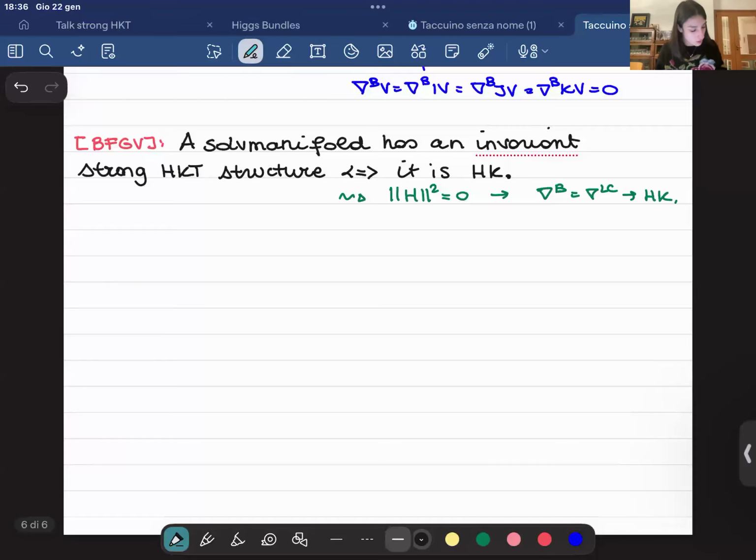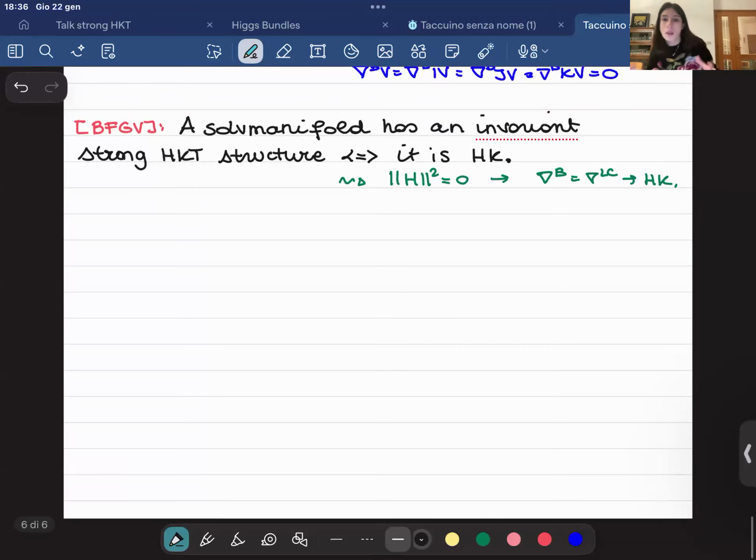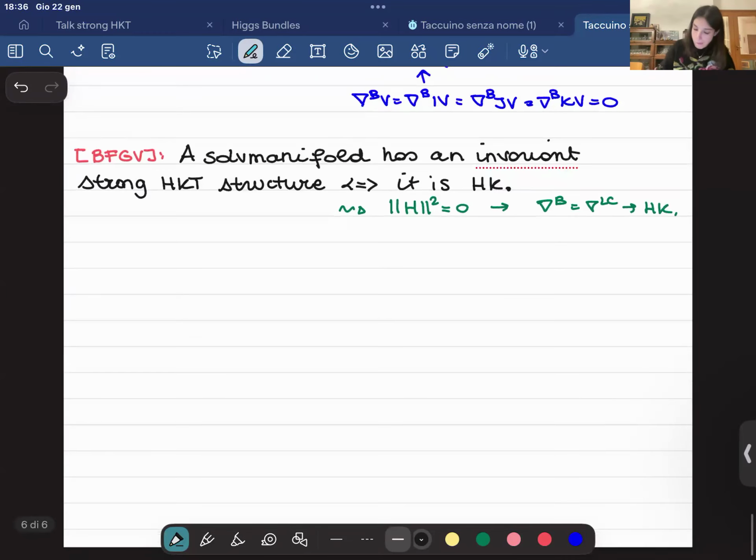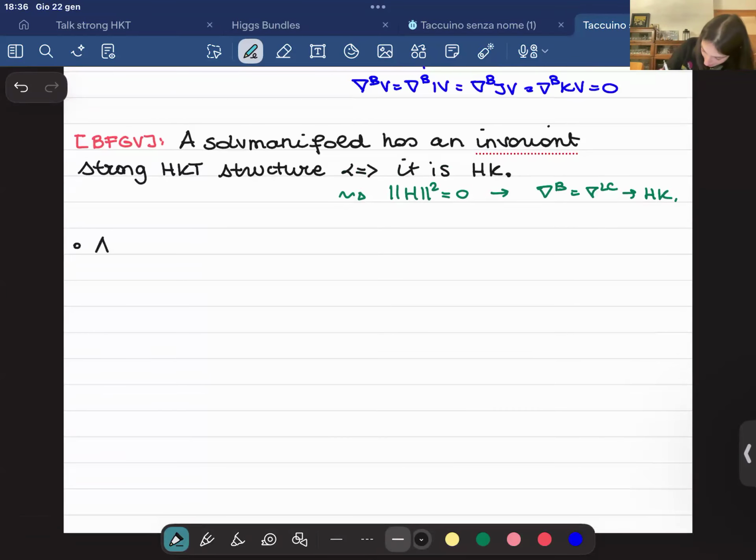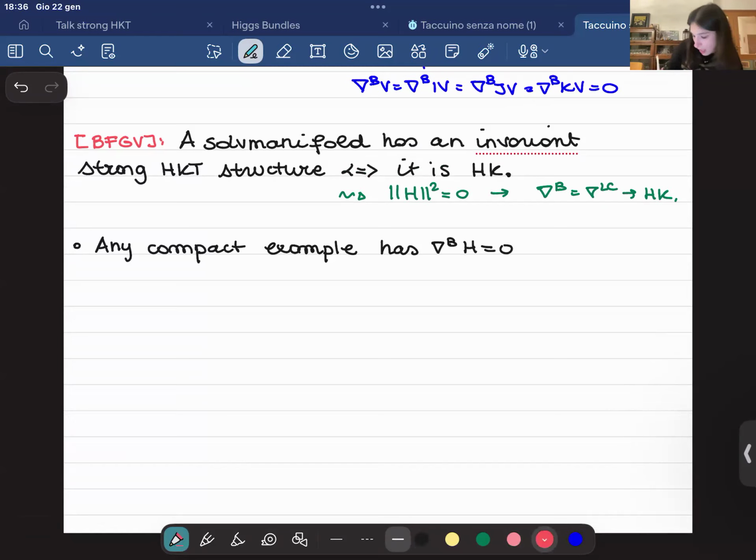What I want to mention instead is the problem of the lack of examples. So at least in the compact case, and I'm stressing compact, we have that any compact example has parallel Bismut torsion.